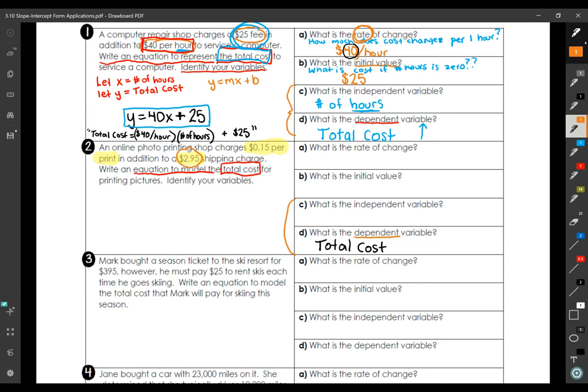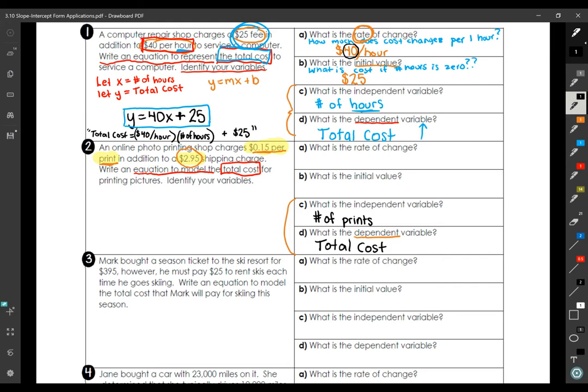So that doesn't increase. But 15 cents per print does. If the number of pictures I want printed is higher, my price will be higher. If the number of prints is lower, my price will be lower. So my independent variable is going to be the number of prints, or photos.